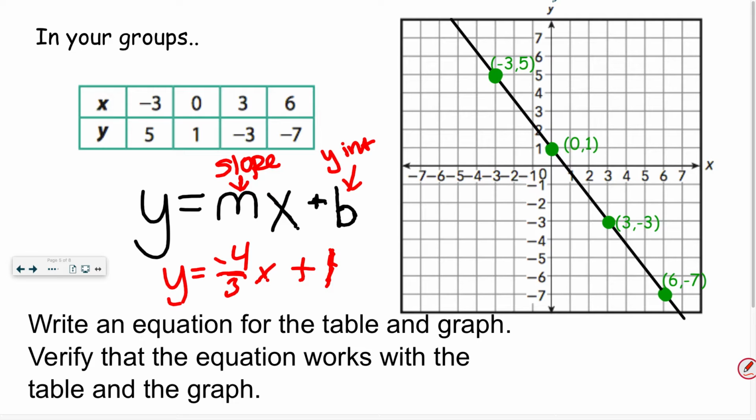So our y-intercept is just 1. That's why we added 1 here, because our formula tells us to add b, the y-intercept. So that's how we got y equals negative 4/3 x plus 1.